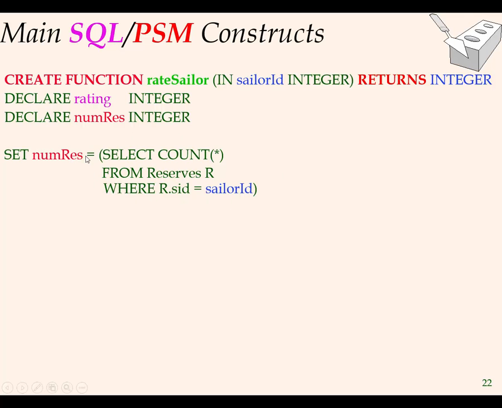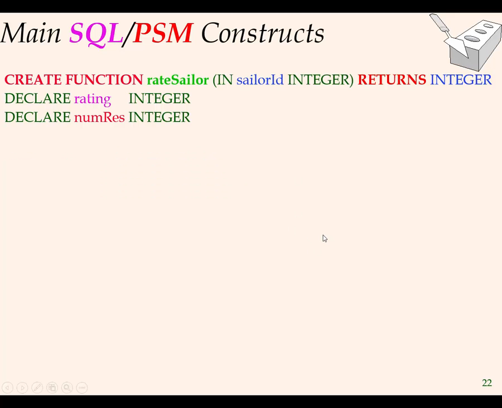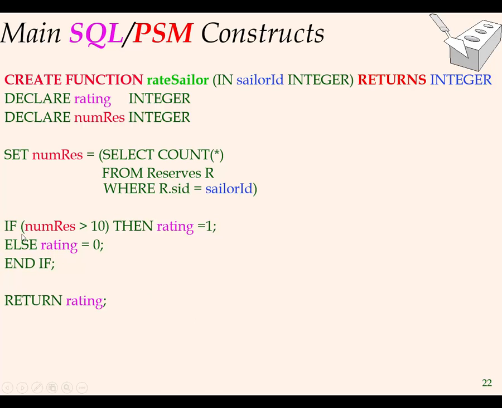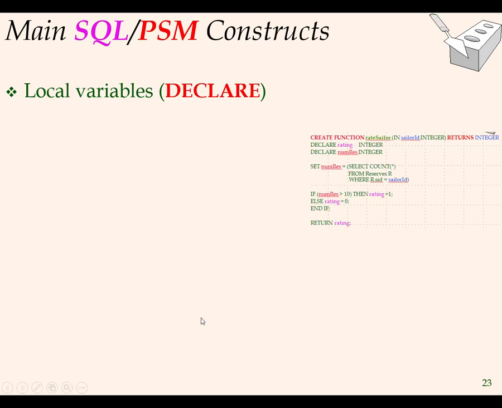Please note that the result is going to be an integer, and is the result of executing select count everything from reserves, where the reserves SID is the sailor ID that you pass when you invoke this function. After that, here's an if statement. If the numRes is greater than 10, then make rating 1. Else the rating is 0, end if. And here's the return, since you are returning, return rating.